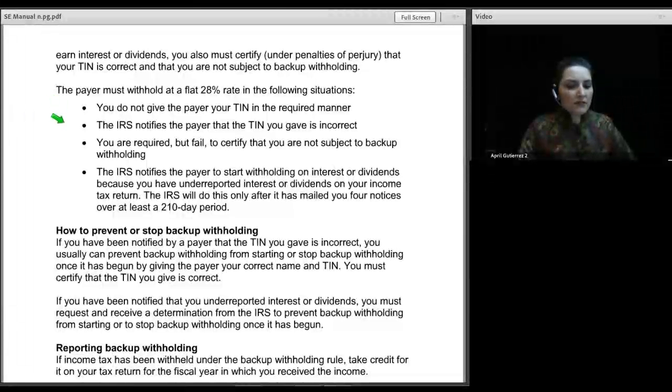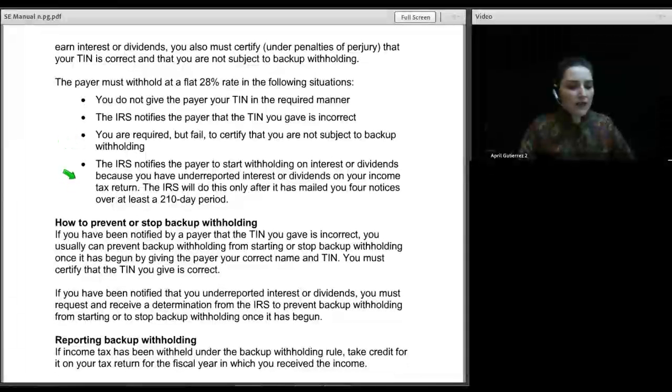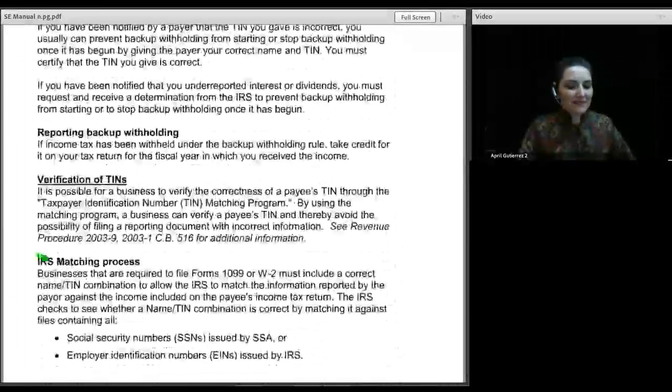The IRS notifies the payer that the TIN you gave them is incorrect. You are required but fail to certify that you are not subject to backup withholding, or the IRS notifies the payer to start withholding on interest or dividends because you have underreported interest or dividends on your income tax return. The IRS will do this only after it has mailed you 4 notices over at least a 210-day period.